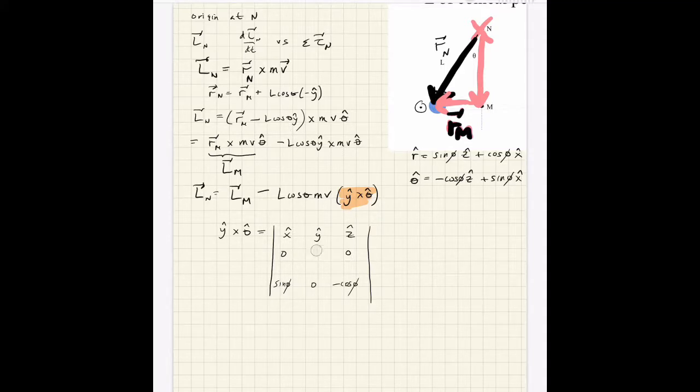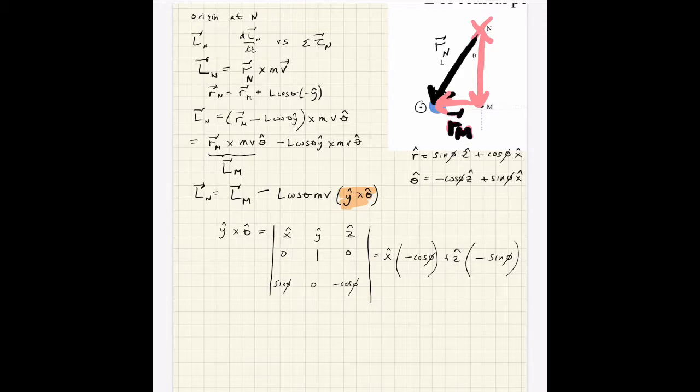And this does not look like a 1. Let me draw that again. And so taking the cross product, there's going to be an x hat, no y hat, and there's going to be a z hat. So for the x hat, it's going to be minus cosine of phi. And for the z hat, it's going to be minus sine of phi.